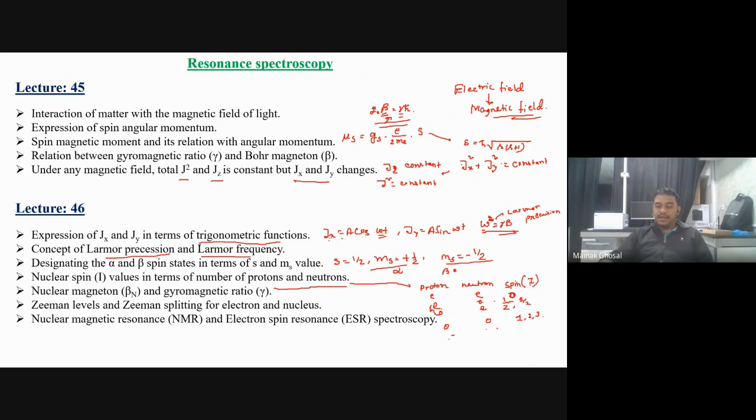Whenever I tell you about the I of any molecule, first remember whether the number of protons is even or not, and whether the number of neutrons is even or not. Then you can say that this molecule will have integral spin, zero spin, or half integral spin.